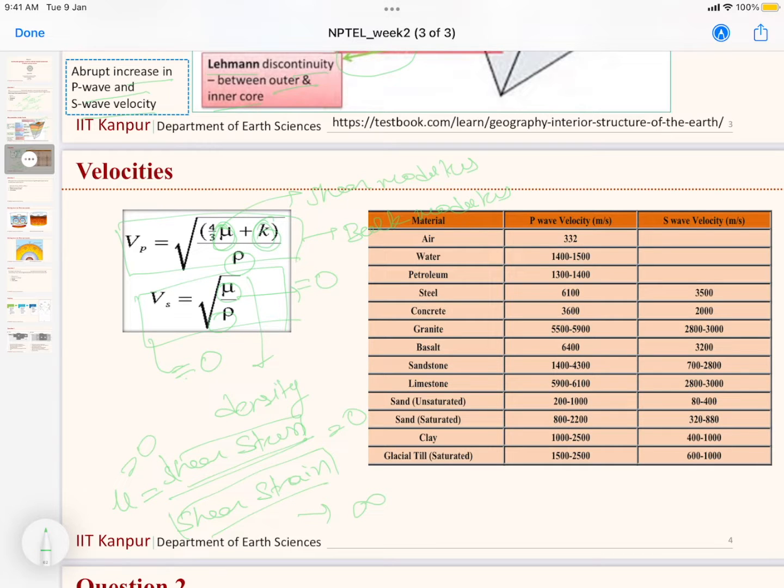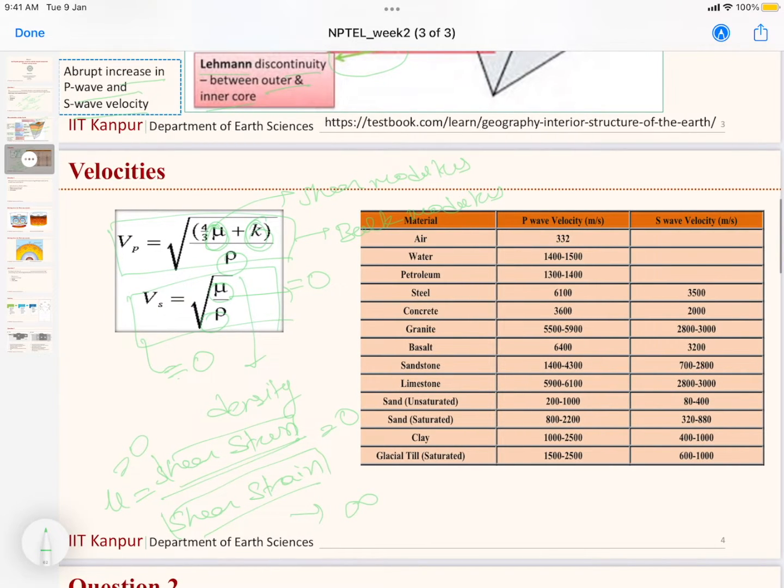In this table is a general velocity range for each material. You can see that for air we have 0 shear wave velocity, for water also 0, and for petroleum, since it is in a liquid phase, again we get 0 velocity.